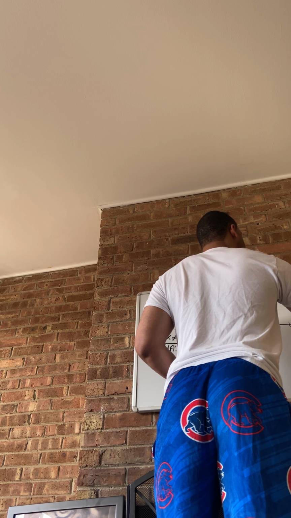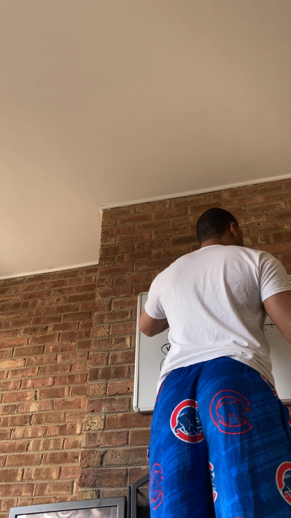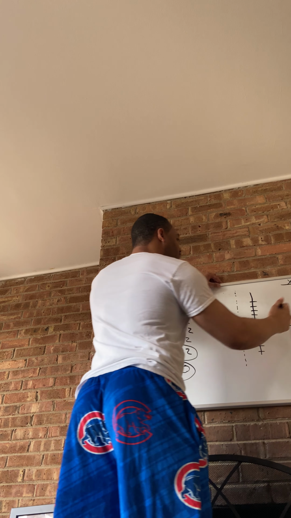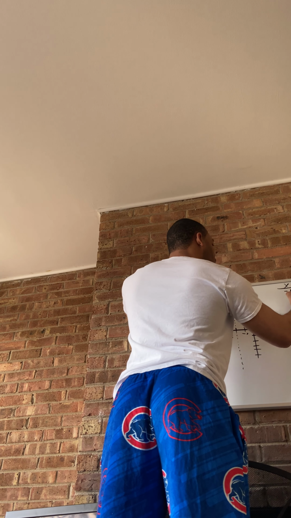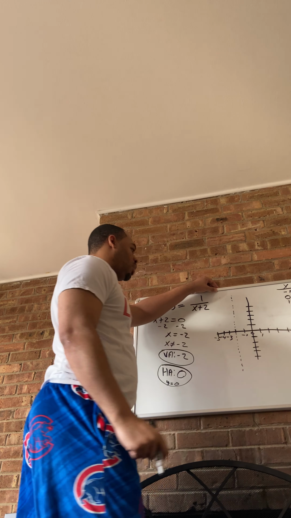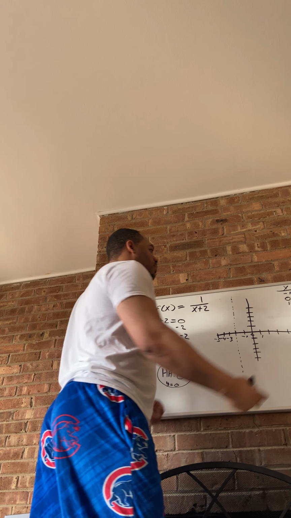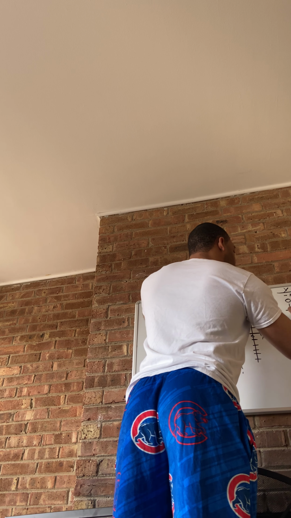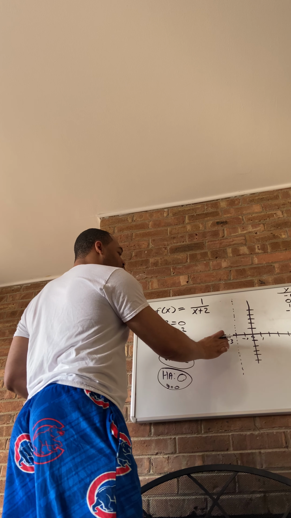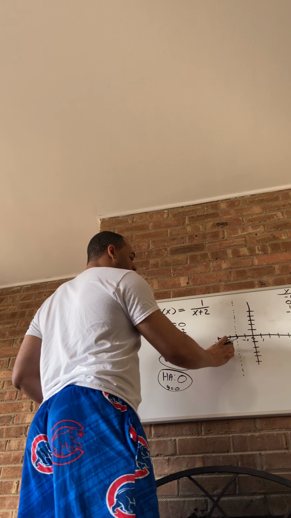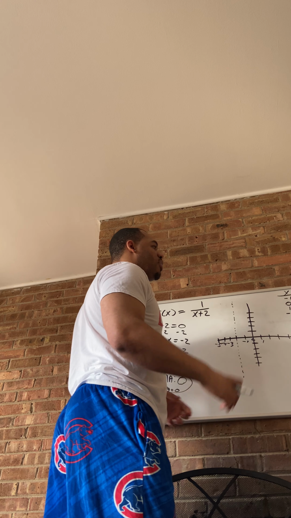So we got x, y, and I'm using -1, 0, and 1. I'm also going to use -3. I would use -4 and -5, but I'll explain once I get to this point on how we graph this out.